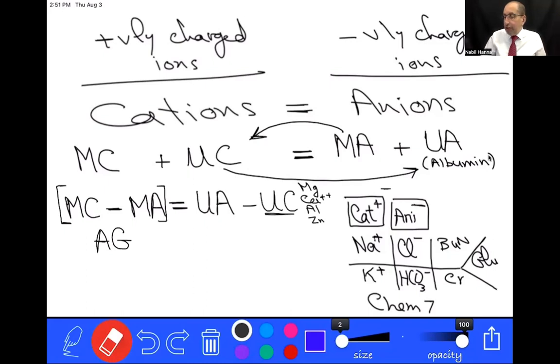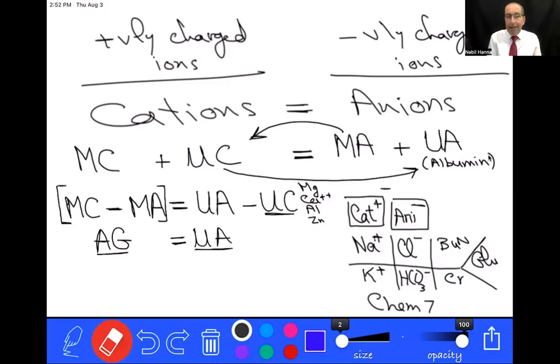So we are going to just keep the unmeasured anions. And therefore, theoretically, the anion gap is a way to estimate the unmeasured anions.